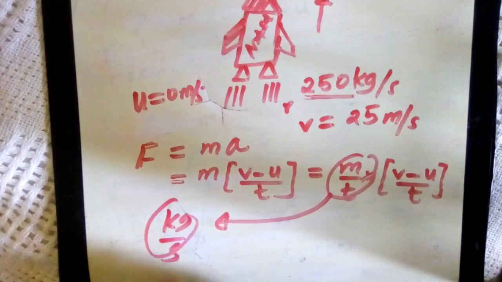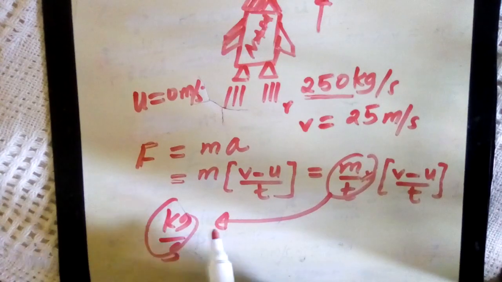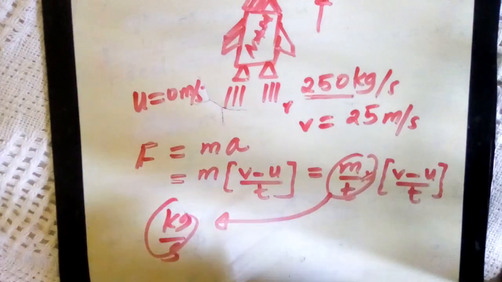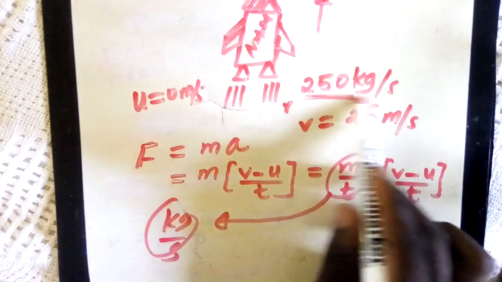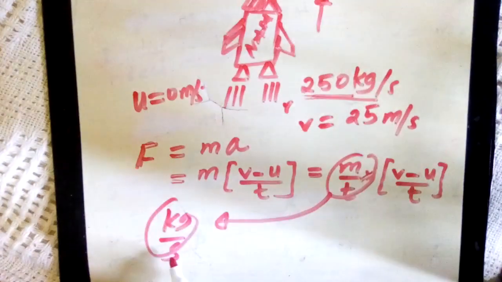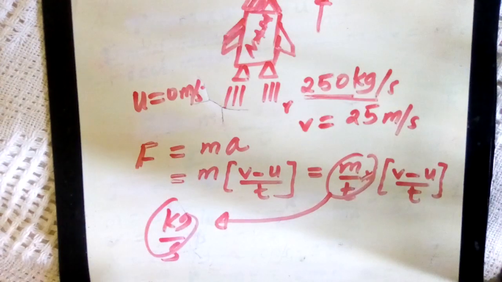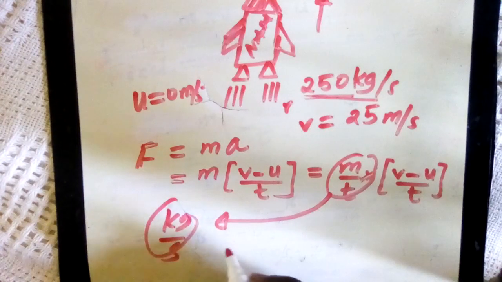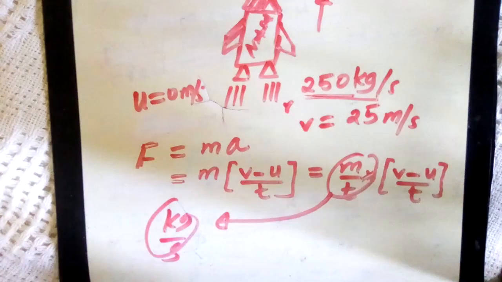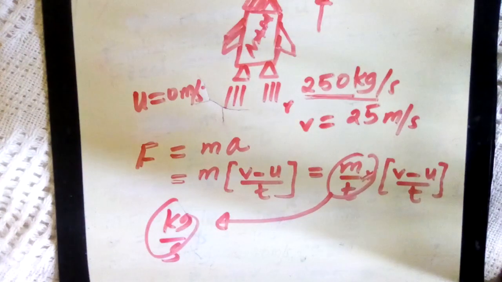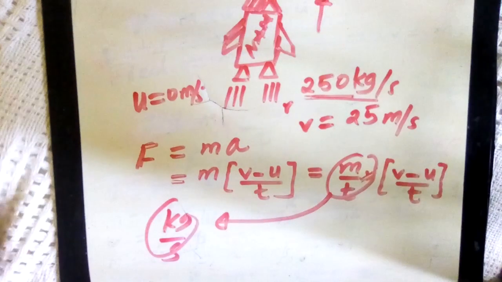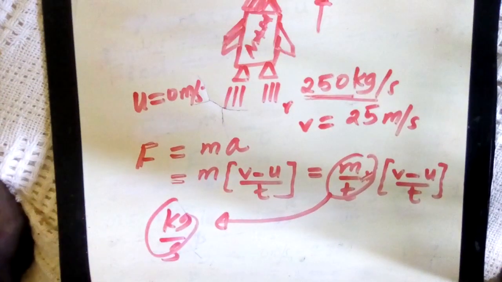So you see that we can just fit in this value over here. We have kilogram and seconds here, so we can definitely fit this value. So we have kilogram over second, which is the rate at which the gas is emitted from the nozzle of this rocket.